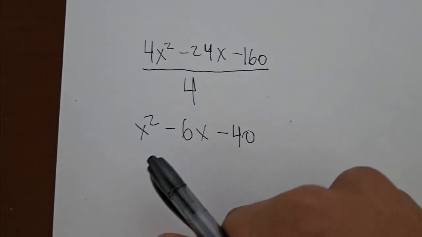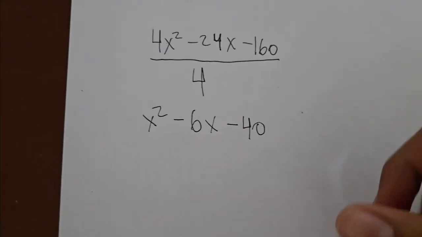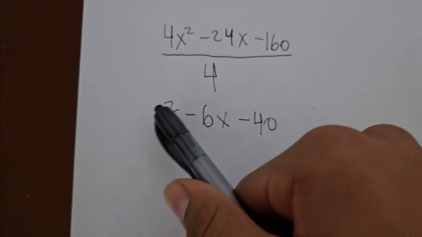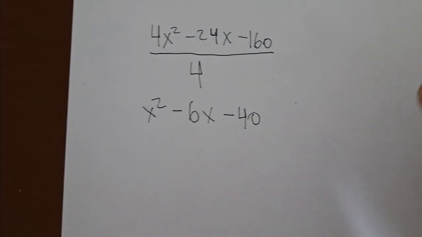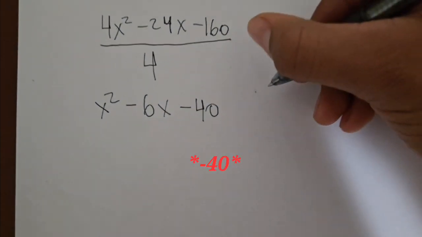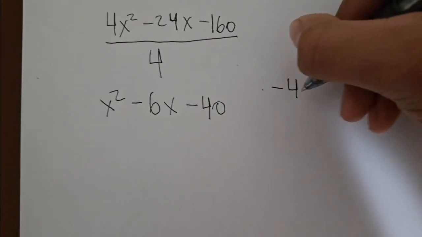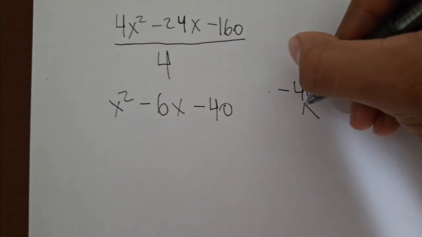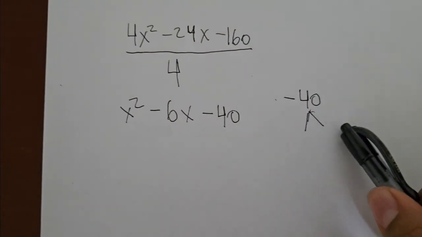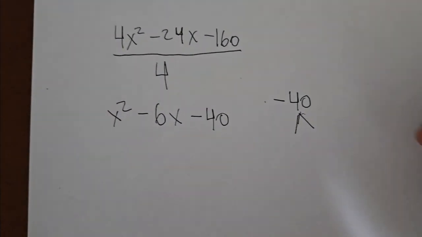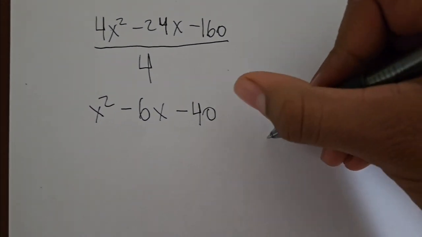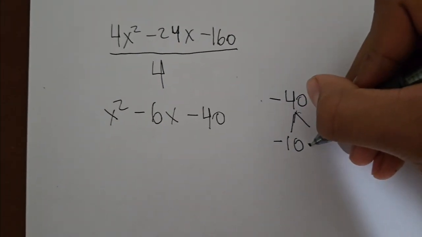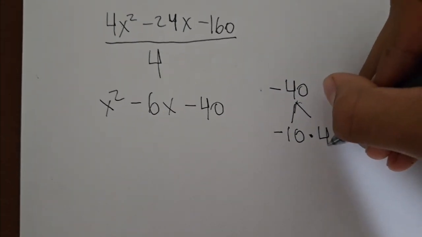And so this makes it much simpler to work with. The next thing we do is multiply 1, because it's 1x squared, times negative 40, which gives us negative 40. We have to find two factors that multiply to negative 40 but add up to negative 6. The perfect factors would be negative 10 and 4.